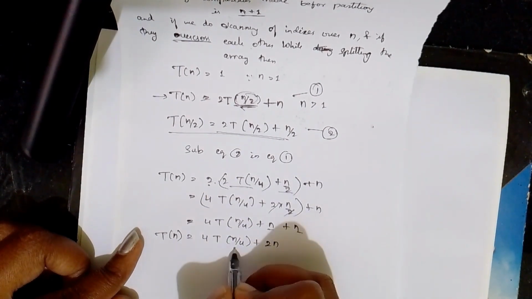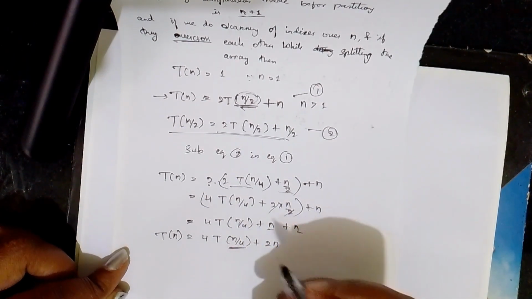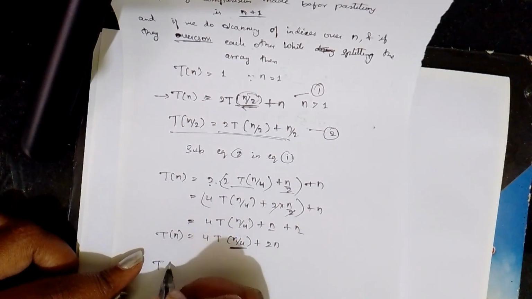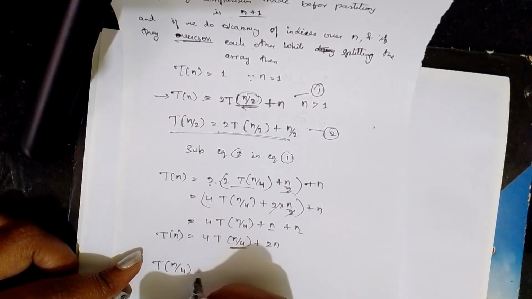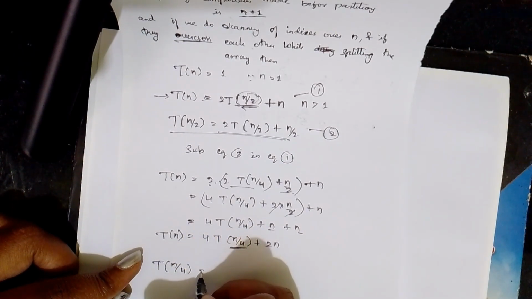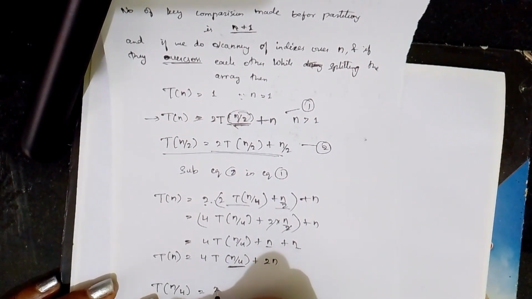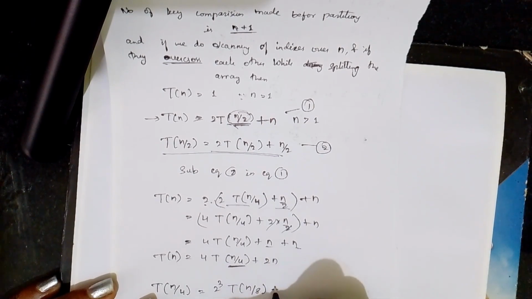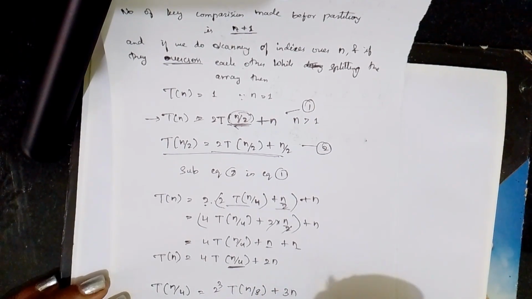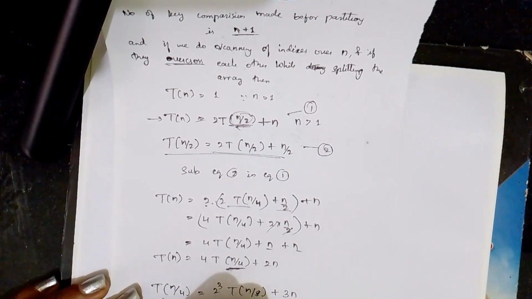If we write the recurrence relation for n/4, we will get T(n/4), and if we solve for this, we will get this equation.